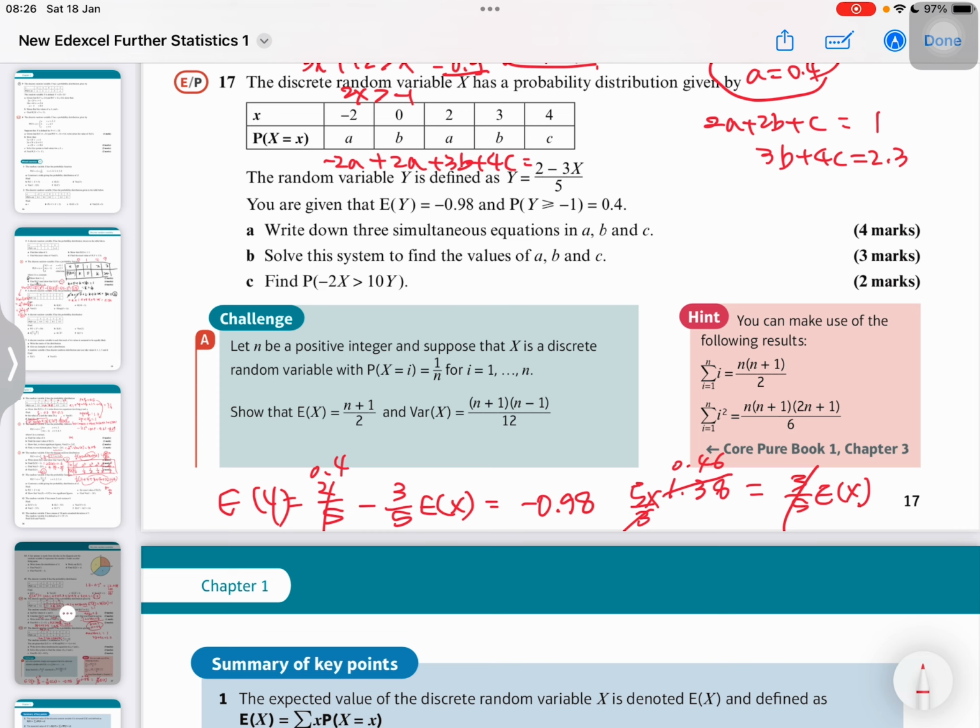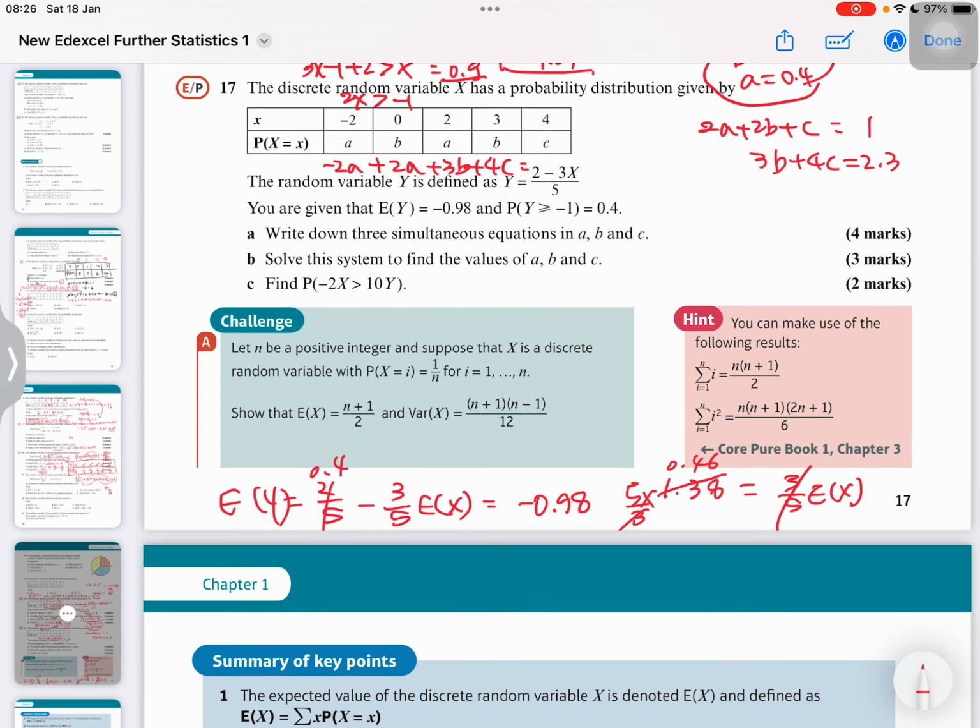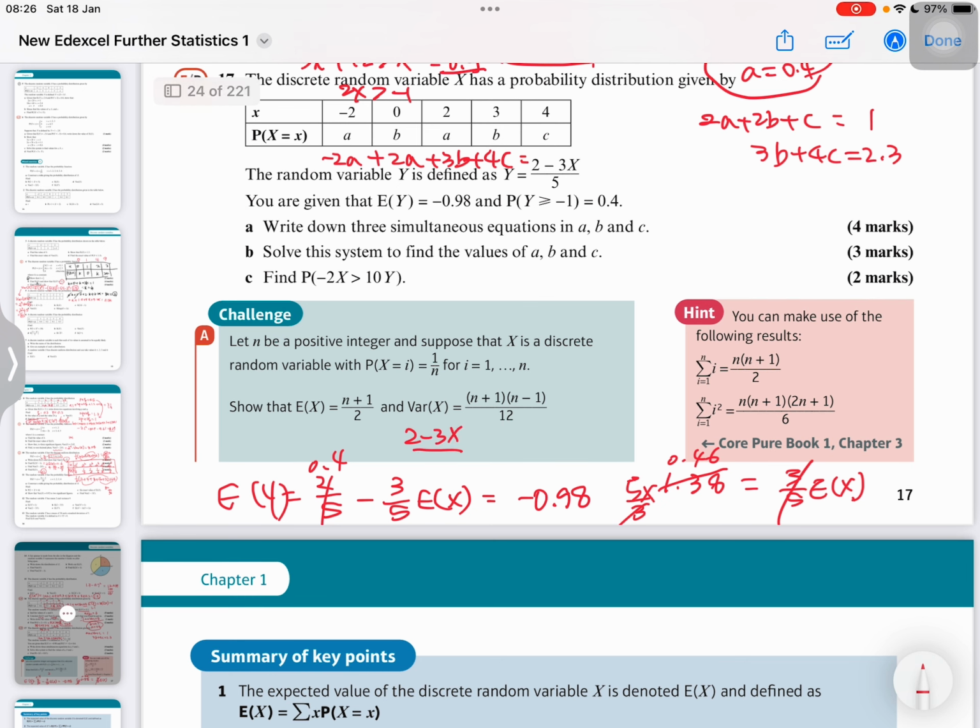And P(Y) is larger than negative 1: 2 minus 3x over 5 is larger than or equal to negative 1, so x is smaller than 7 over 3, which is 2 point something. So when we add them together, 2a plus b equals negative 0.4. So this is what we know.